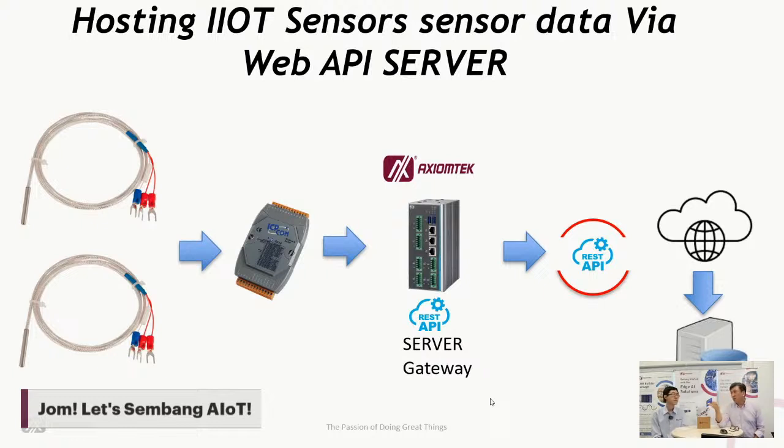Web APIs are what? These are all HTTP. Yeah, HTTP GET, HTTP POST. You can use all these things, but with some security login that you can call in to get the data. So without further ado, I will just show you how this is being done. Okay, let's see.